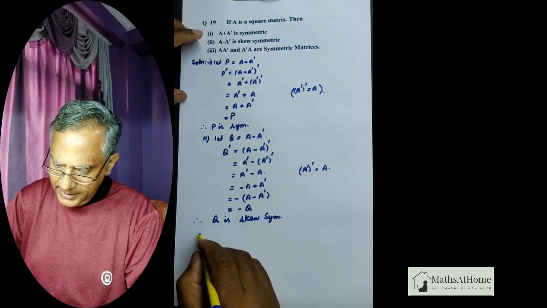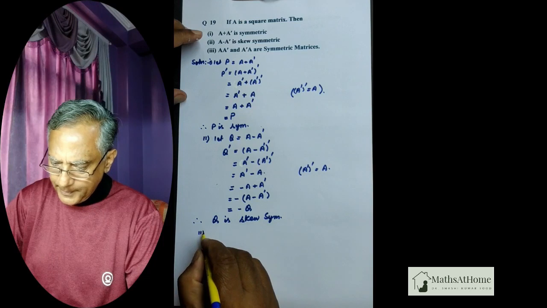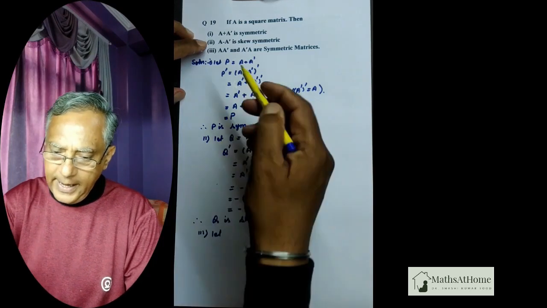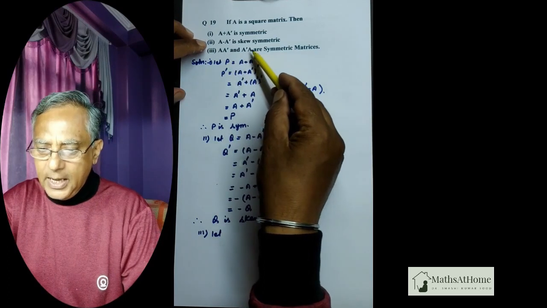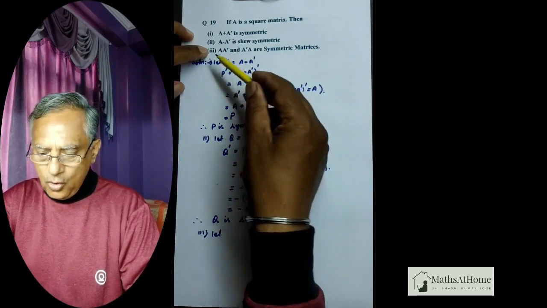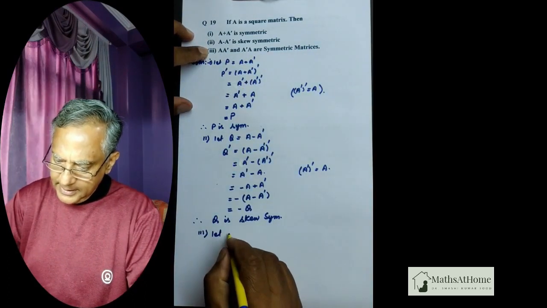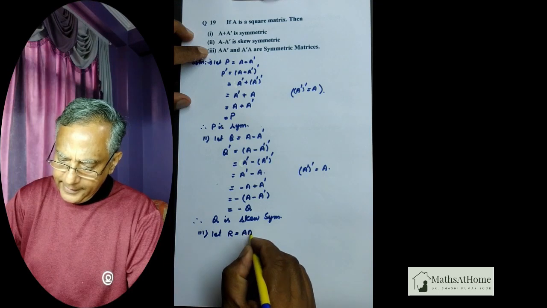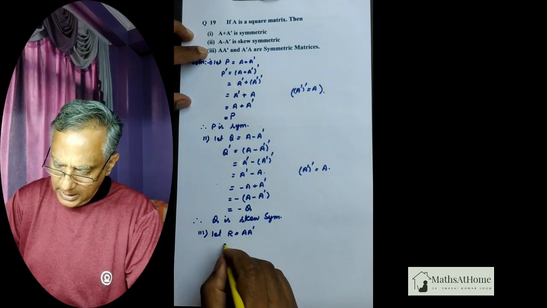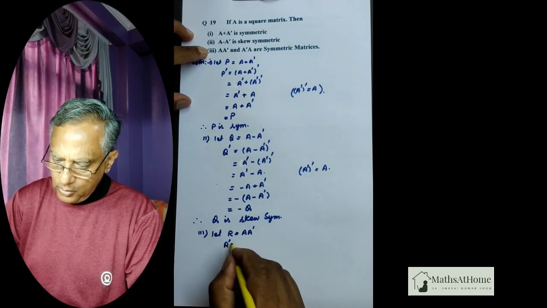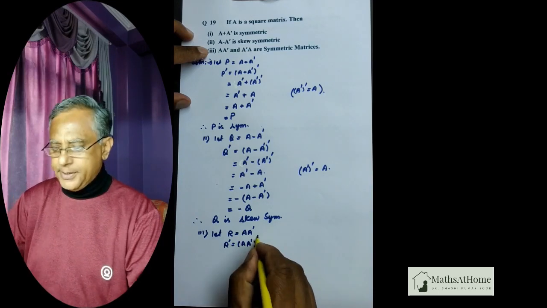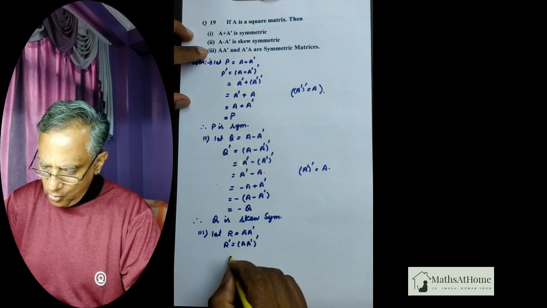And third part is, now we have to prove that A A dash and A dash A are symmetric. So let us call this, say, R. R is equal to A A dash. So R dash is equal to A A dash, whole dash.